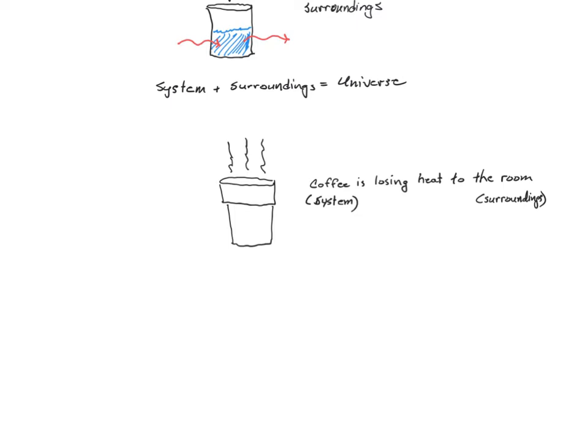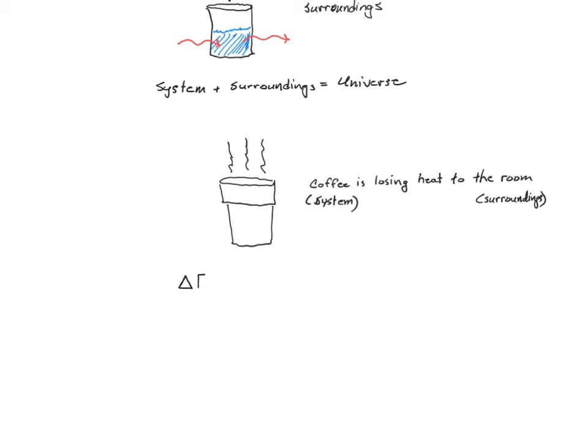If it's not created nor destroyed, that means that the amount of energy that we have in our universe right now is the same as the amount of energy that we had when it first started, and the same as we will have forever, or however long the universe lasts. Think about that. That means that we can write an equation that looks like this.